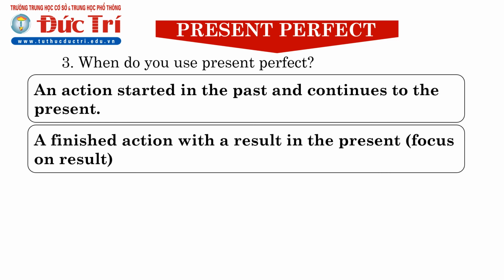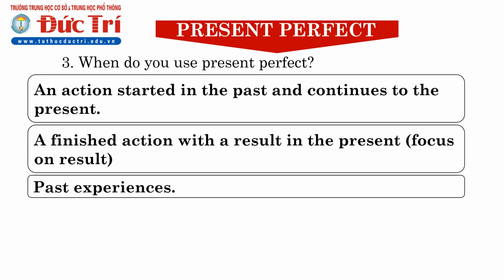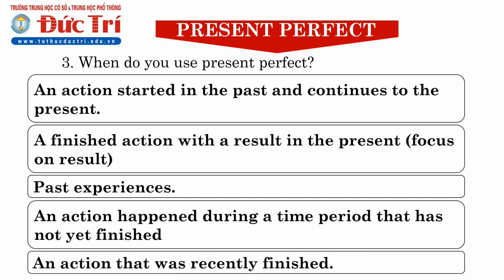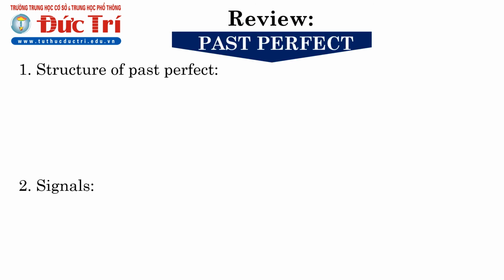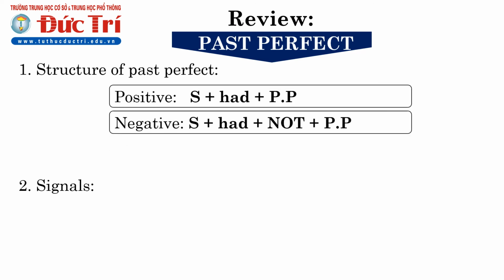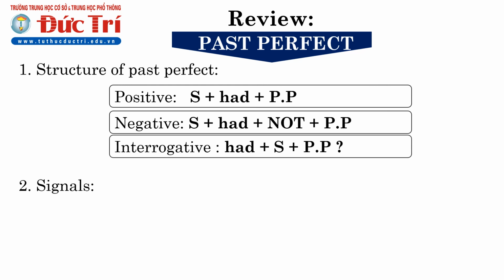A finished action with a result in the present. A past experience, an action happened during an unfinished time period. An action that was recently finished. For the past perfect, the structure of past perfect: positive, negative, and interrogative.